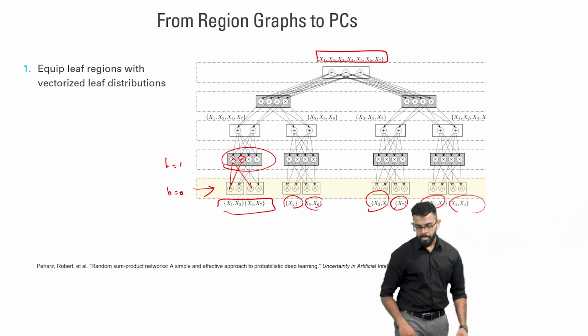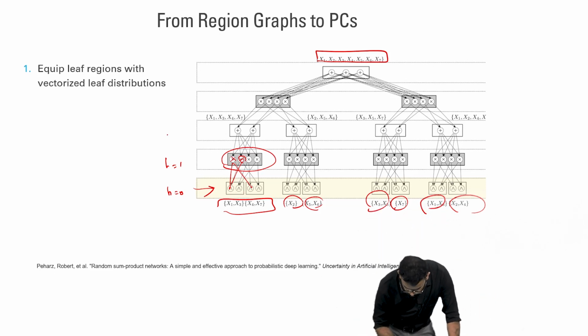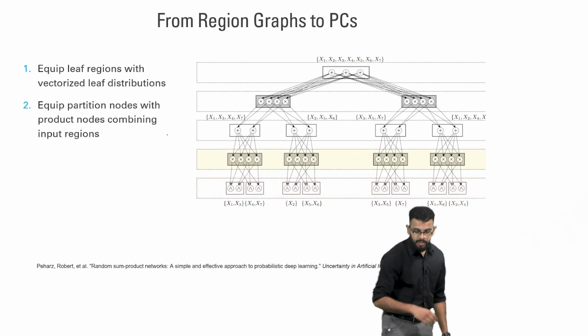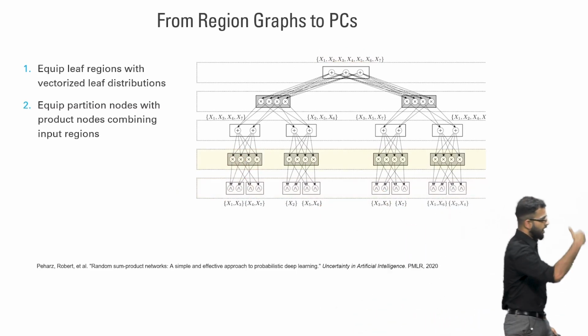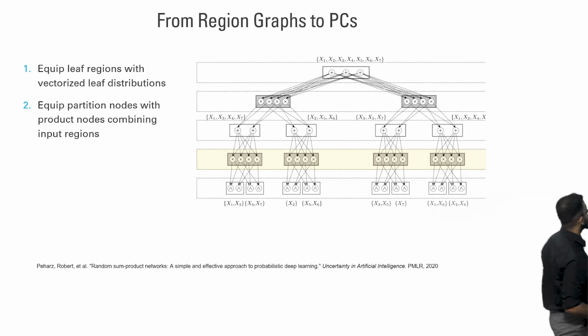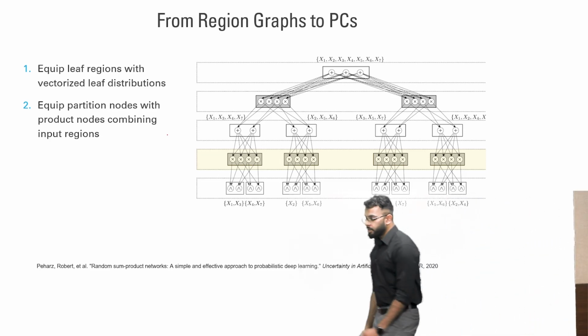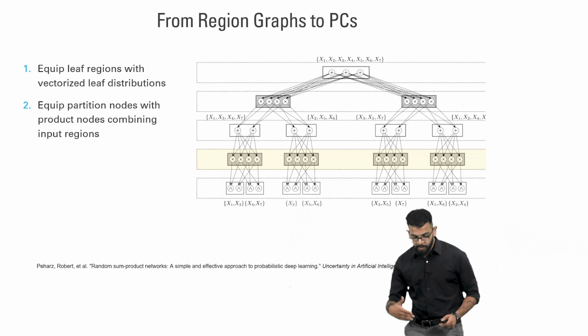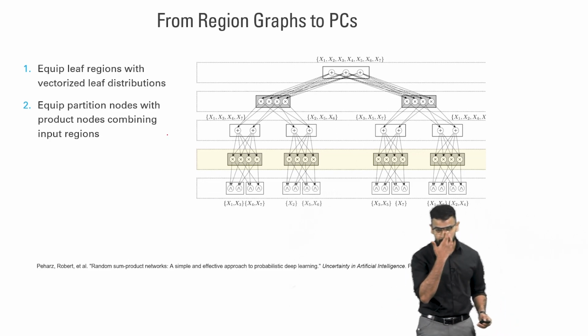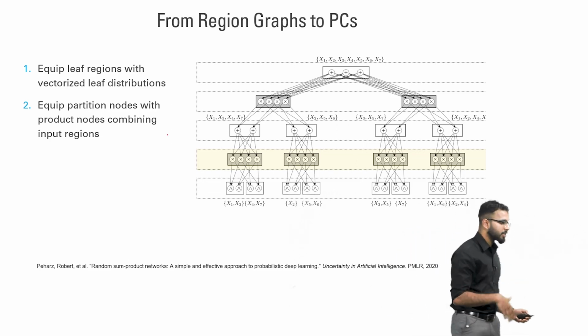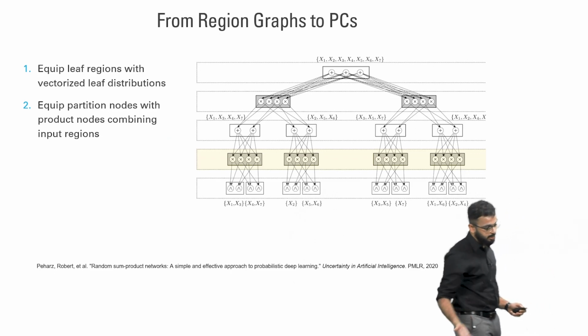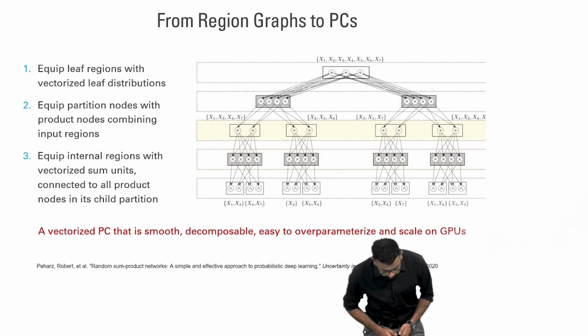Good? All right. Now, when you keep on going and reach a region node at a level higher than the partition node, you equip it with sum nodes, and you keep on doing this until you reach the root, right? Because we saw yesterday that the way you build a probabilistic circuit is you have alternating sums and products. Good.